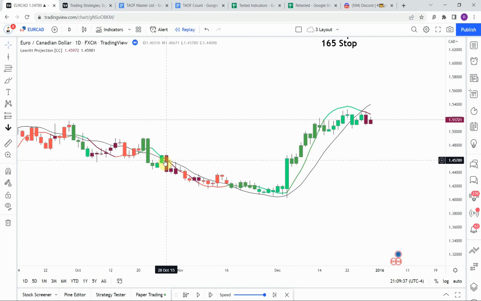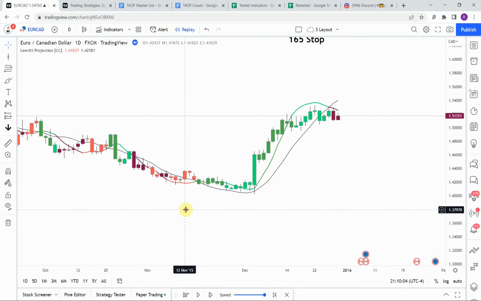So you have the initial color right as the lines cross, and those seem to be the dark green and the maroon dark purple. And then the red and the light green seem to be the colors that pop up after the cross has kind of officially been confirmed, if you will, or stays crossed for a while. And so let's test it that way.